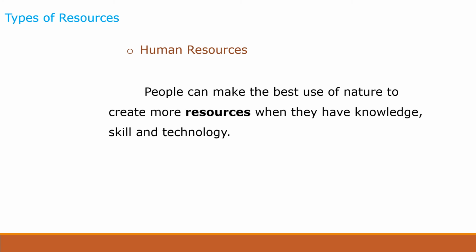So the humans are very important or they are very special resource because it is we humans, we use the best of nature to create more resources by using our knowledge, skill, and technology. So that is why the human resources are very important and special resource to any other country in the world.